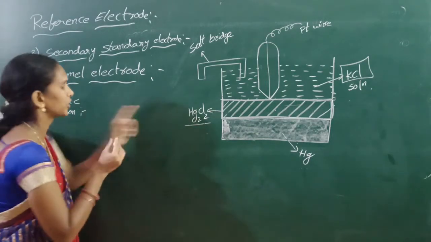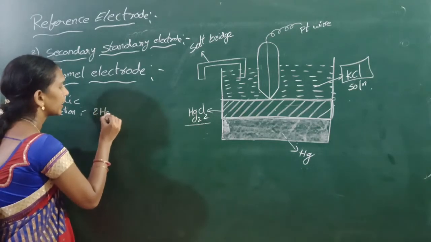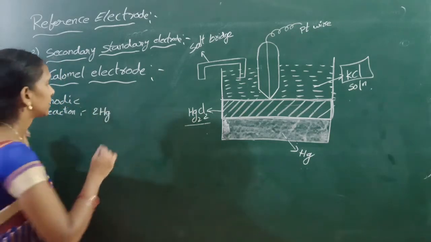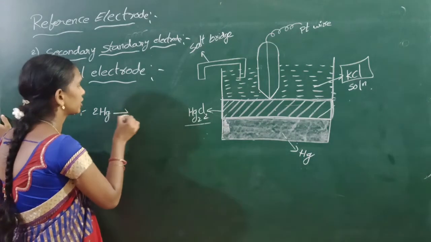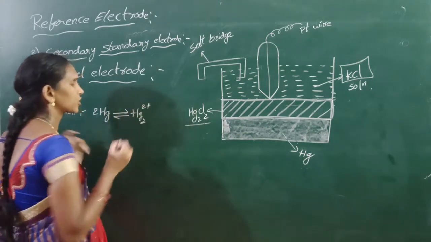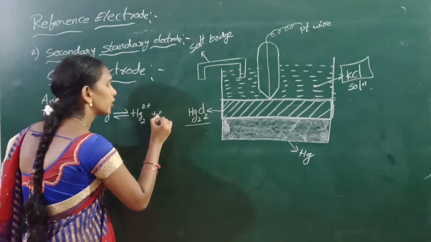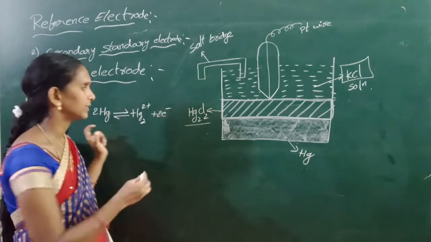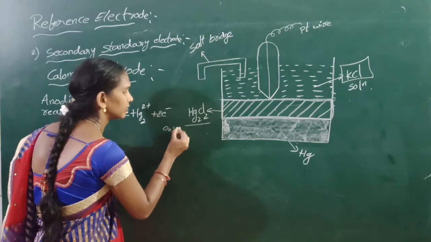Two Hg metal atoms oxidize to form Hg2 2+, and 2 electrons are released. This is oxidation.